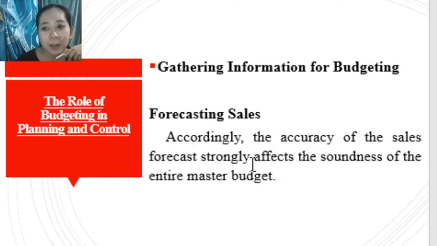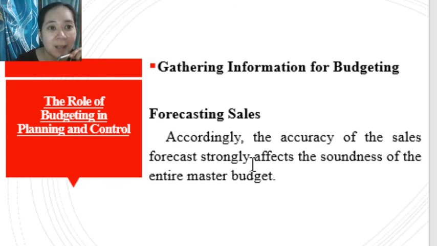The accuracy of the sales forecast strongly affects the soundness of the entire master budget. Since the sales budget is our starting point, the data should be relevant and the forecast should have a strong, relevant basis, because this will be the foundation of our master budget.